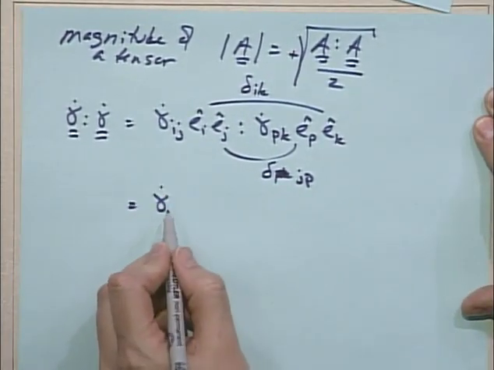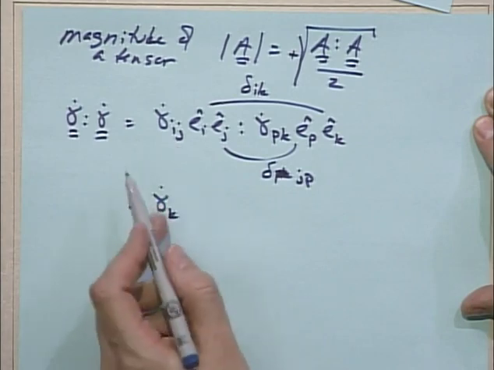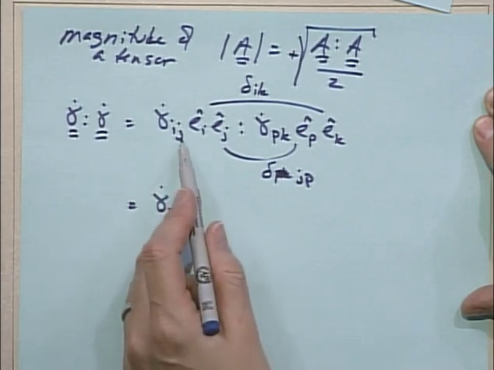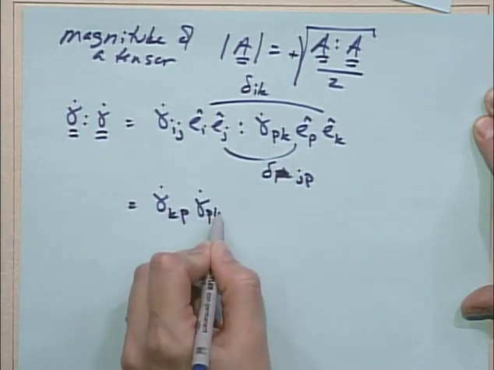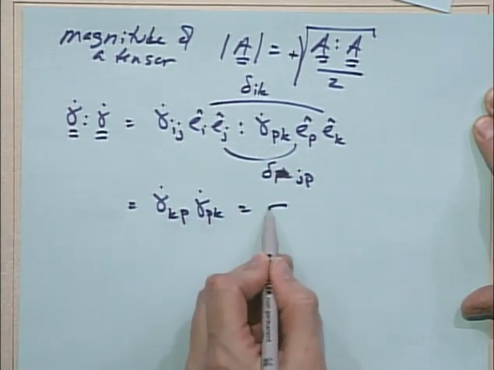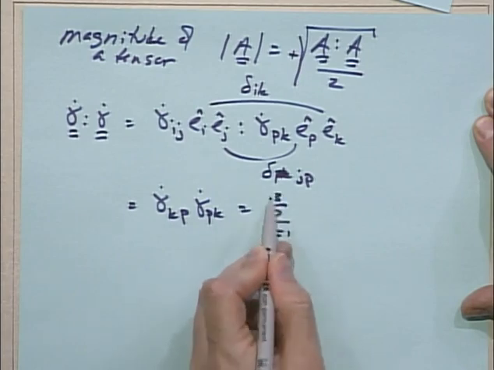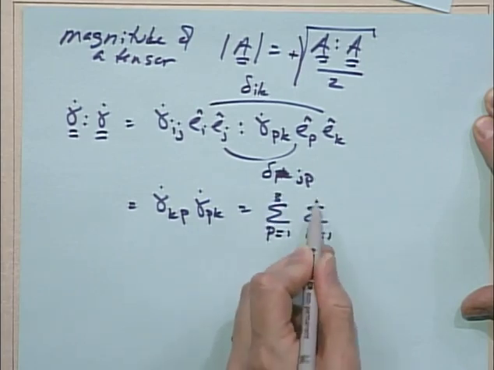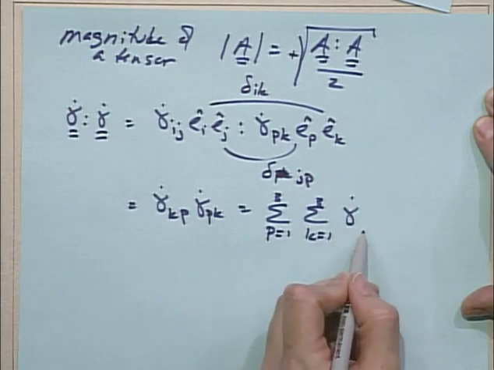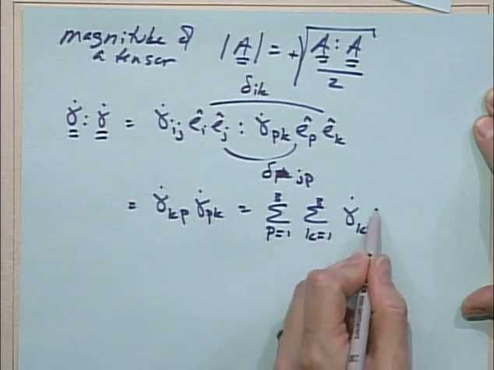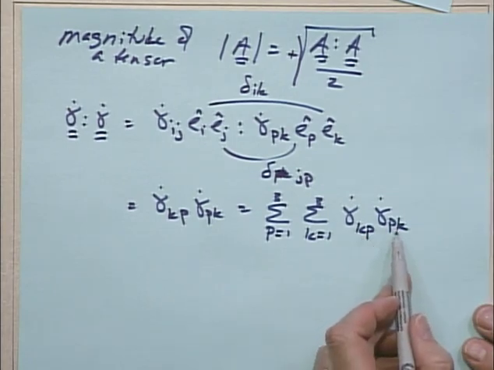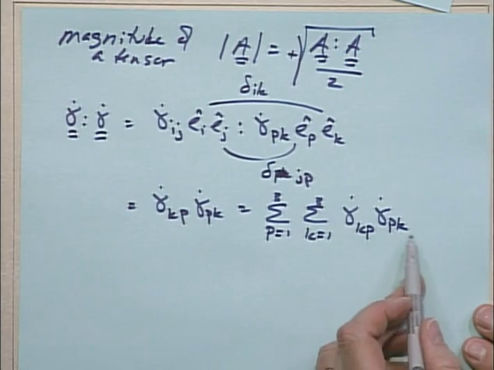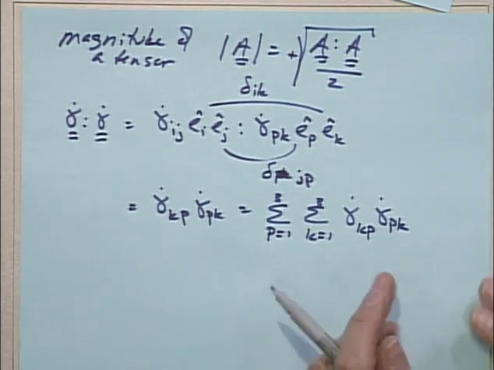And i becomes k, j becomes p. And this says double sum, p equals 1 to 3, k equals 1 to 3 of gamma dot kp gamma dot pk. So it's 1, 1 times 1, 1. 1, 2 times 2, 1. 1, 3 times 3, 1. 9 terms.